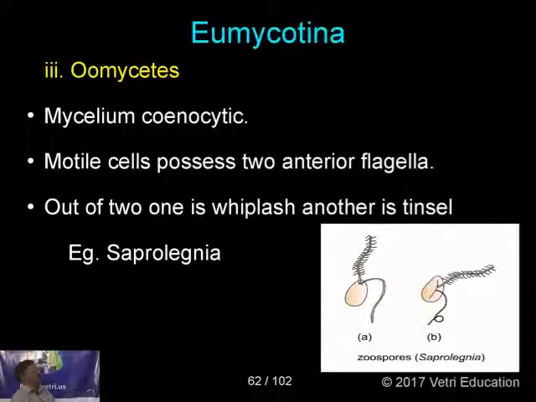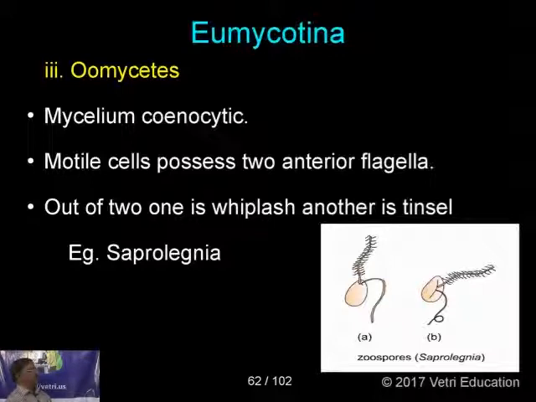The third one is Oomycetes, where the mycelium is coenocytic. I think you know what is coenocytic. We already discussed that a plant body having a number of nuclei, or multinucleate condition, is known as coenocytic.